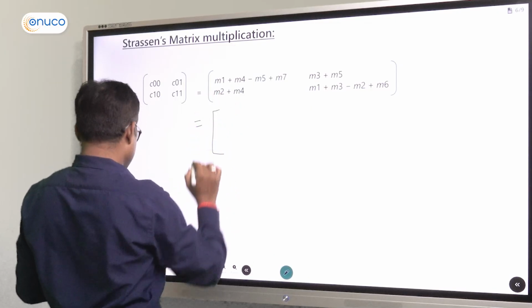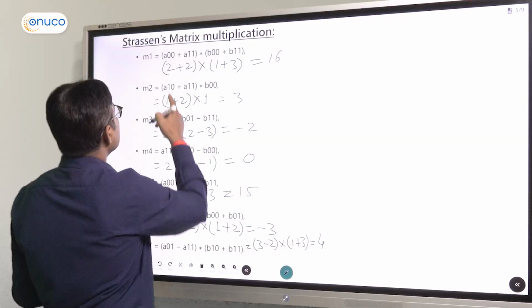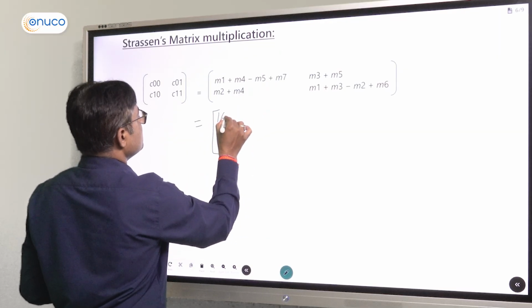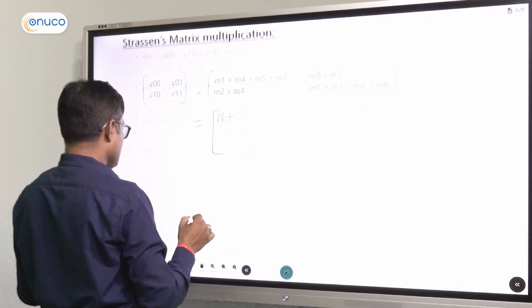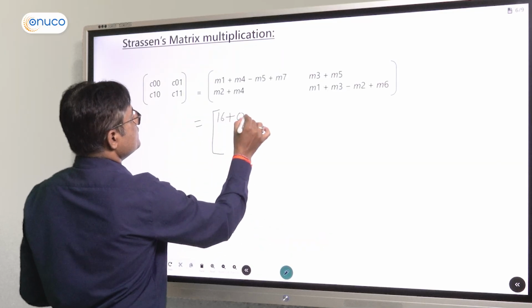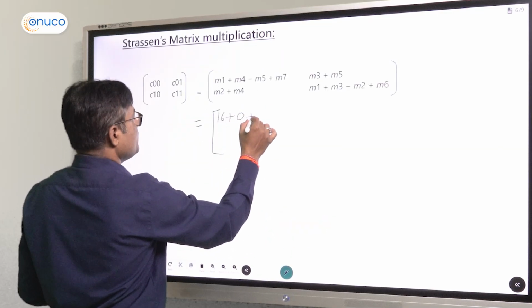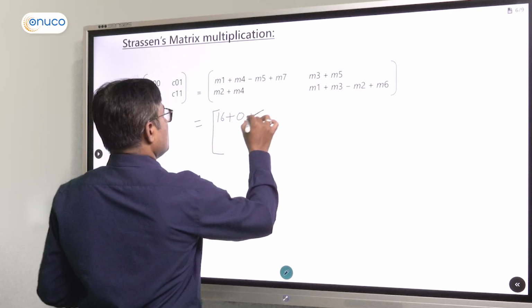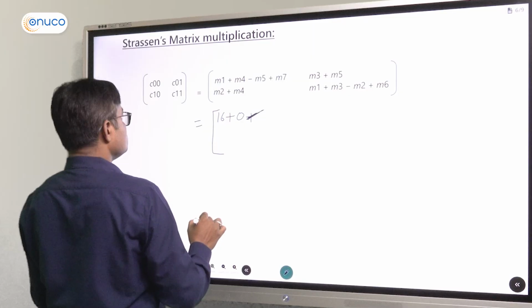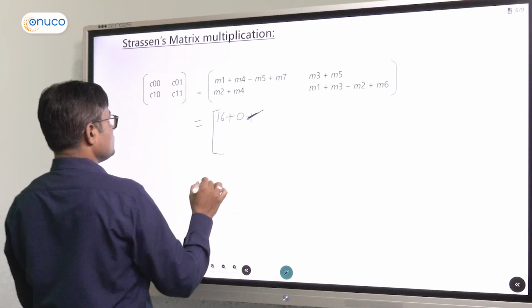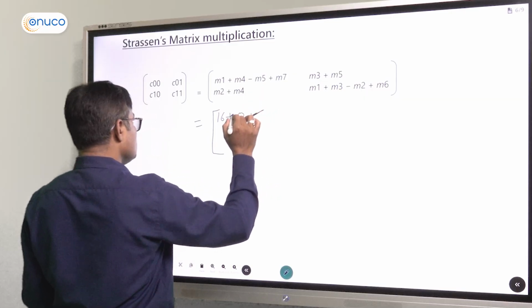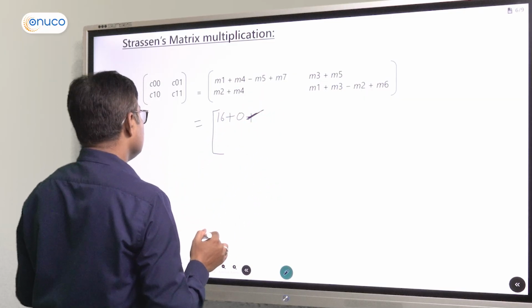What is required here? M1. What is the value of M1? M1 is 16, plus M4. What is the value of M4? It is 0. So we are adding 0, and minus M5.